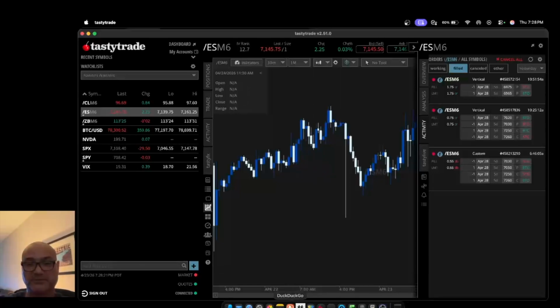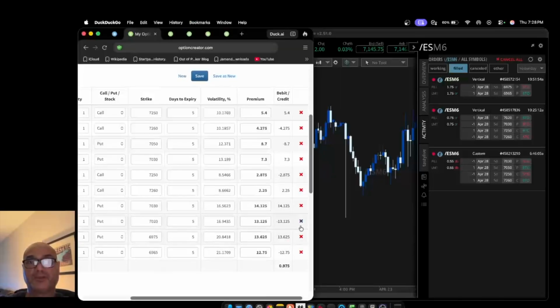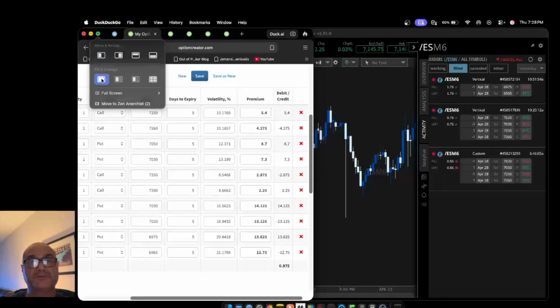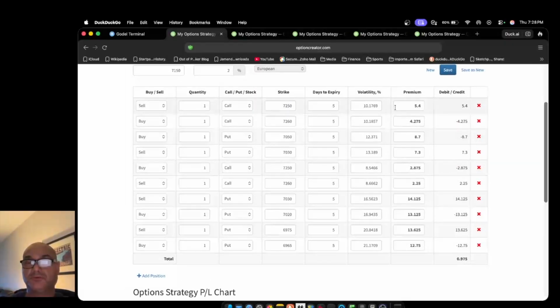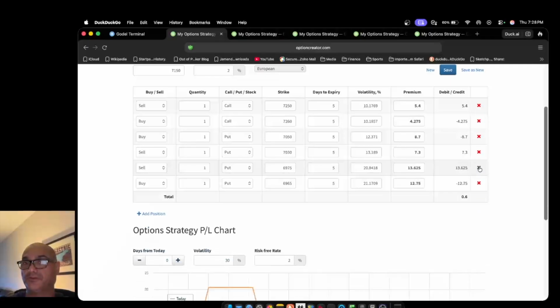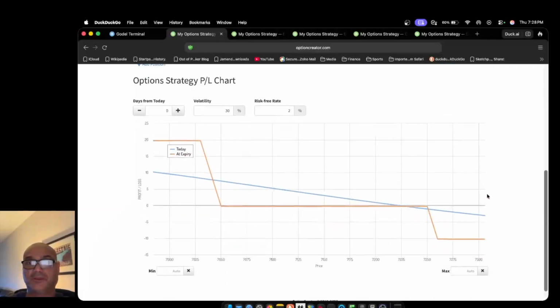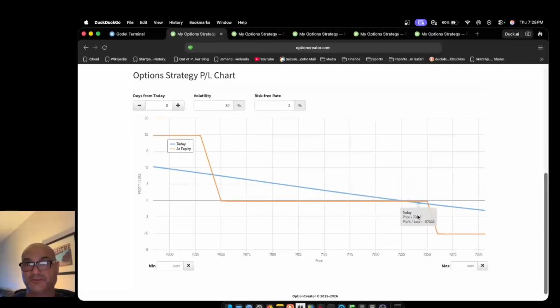So let's take a look at what I did here. Let me expand this. Okay, so originally we're going to go with 1, 2, 3, 4 parts to the original trade. So I'm going to eliminate that. And here's what the original trade looks like.